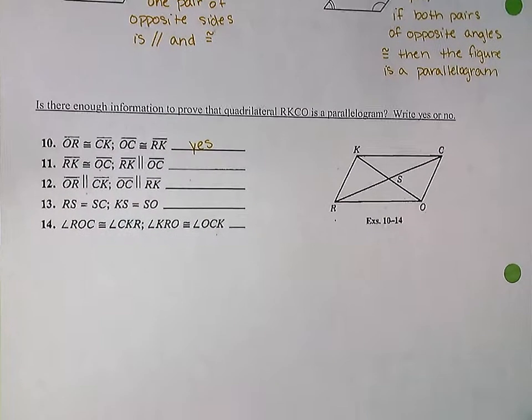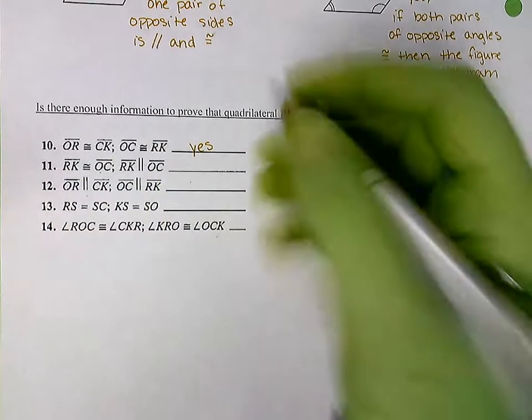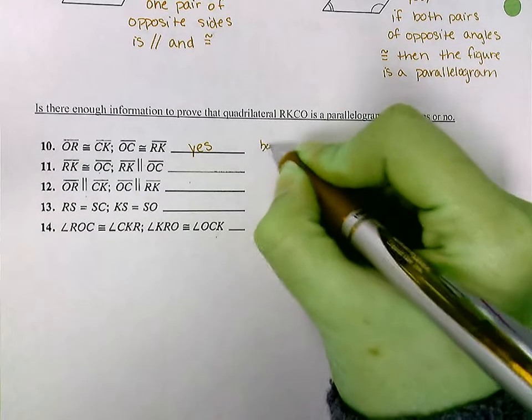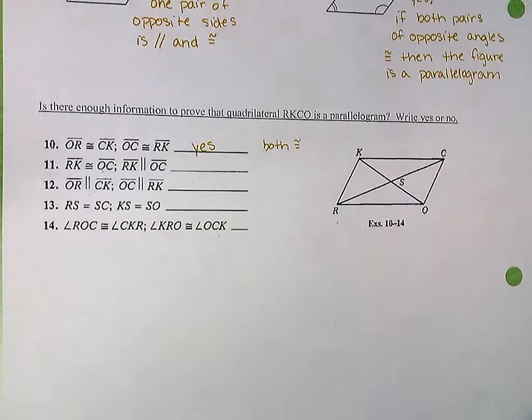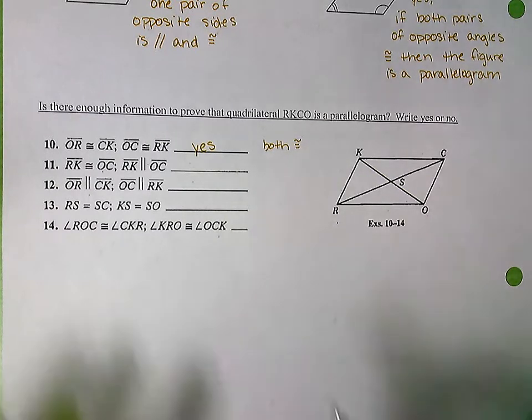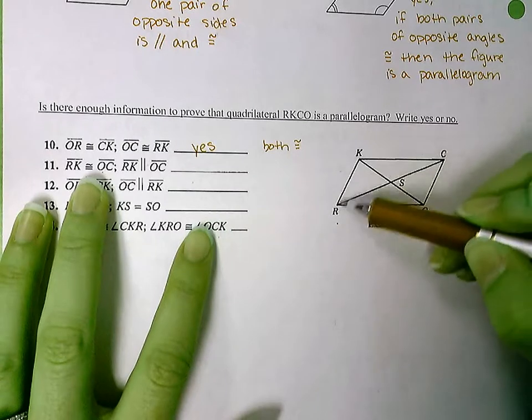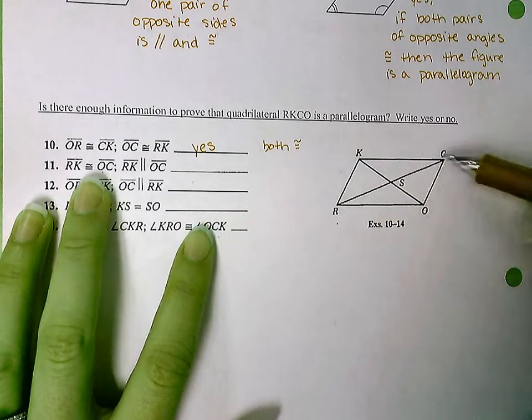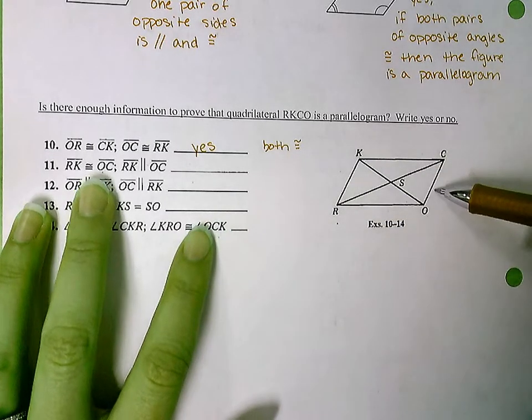Okay, so in number 10, what we had was both sides congruent, right? So I'm just going to write both congruent. We're quiet now, please. If I look at number 11, I have RK congruent to OC, so my opposite sides are congruent there.